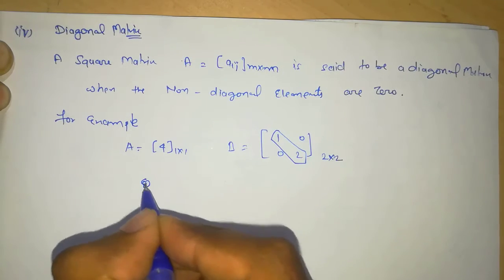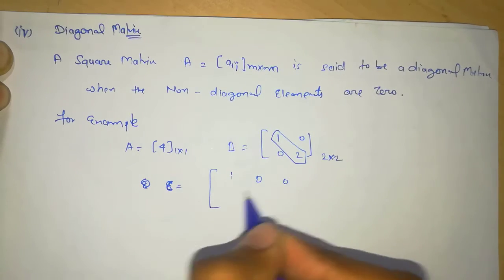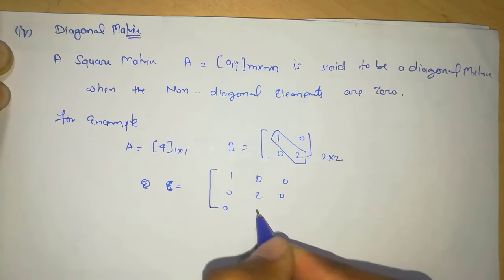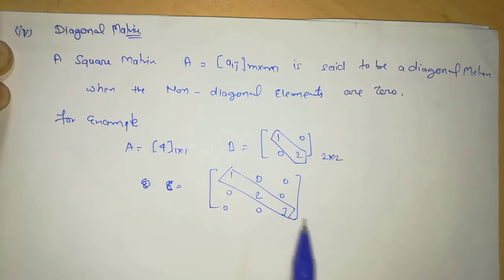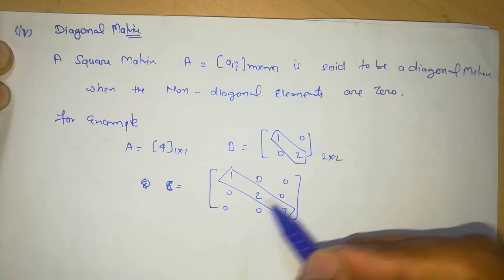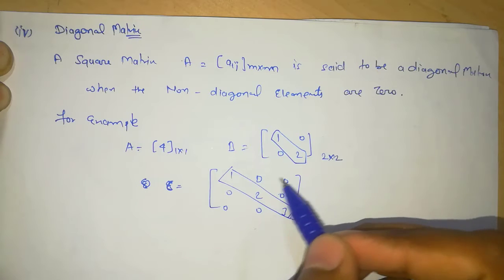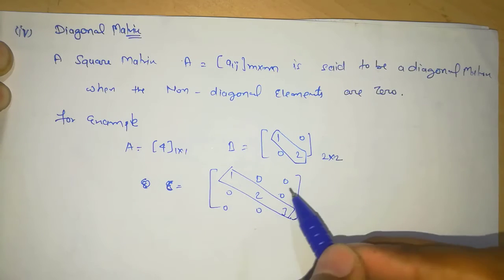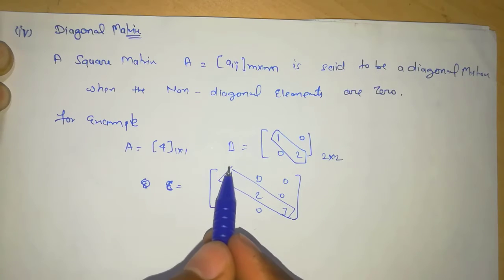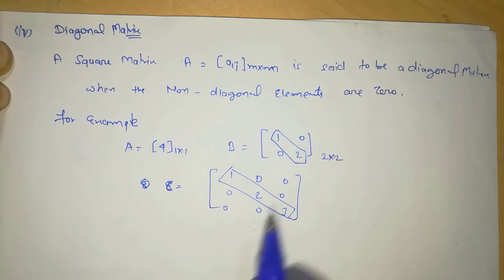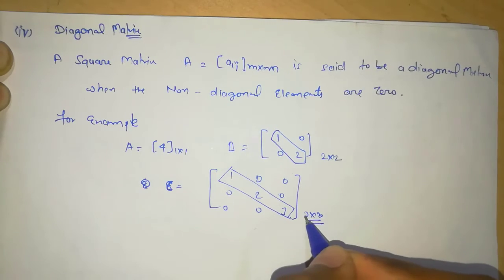Similarly, for order 3, C equals 1, 0, 0, 0, 2, 0, 0, 0, 3. This diagonal is called the main diagonal. Only the main diagonal elements are present in the matrix.